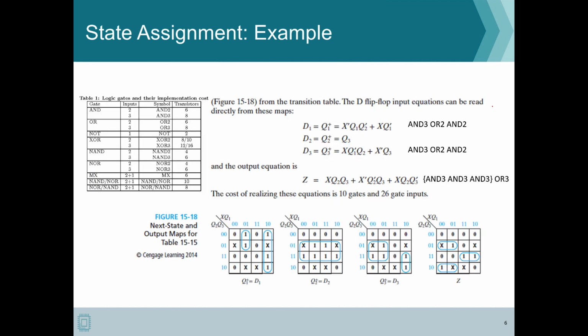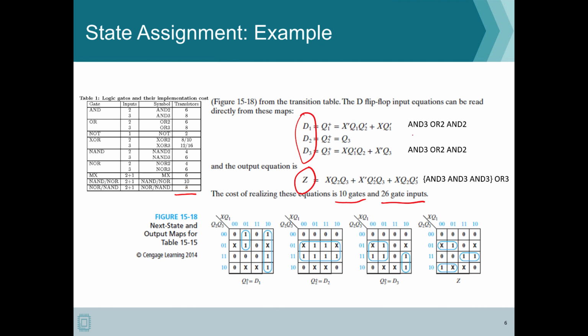If we implement that particular problem using D flip-flops, here you can see these are your input equations to your flip-flop. This is your output equation, and over here if you're required to calculate in terms of gates or gate inputs or in terms of transistors, you can do so.